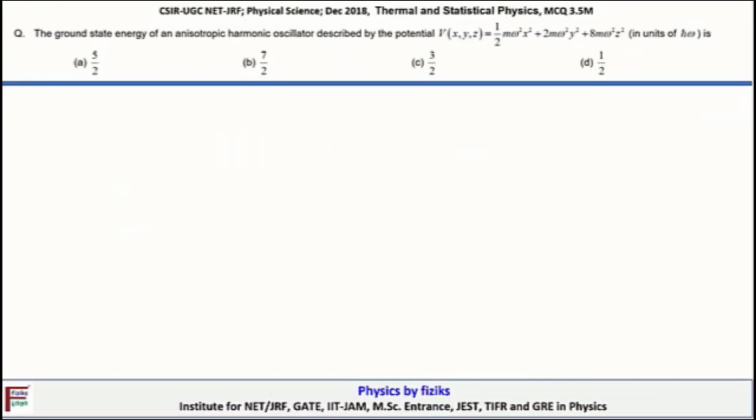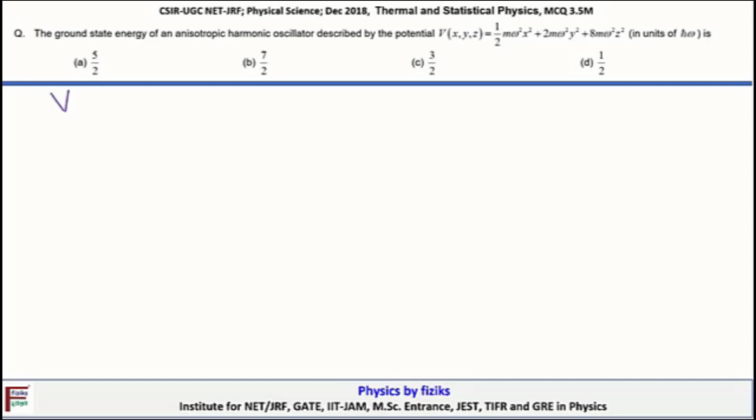Now let's continue with the next question. We are given the ground state energy of an anisotropic harmonic oscillator, which is described by the potential V(x,y,z) equal to half m omega square x square plus 2m omega square y square plus 8m omega square z square, in units of h cut omega. Okay, so let's try to write the potential in its standard form.